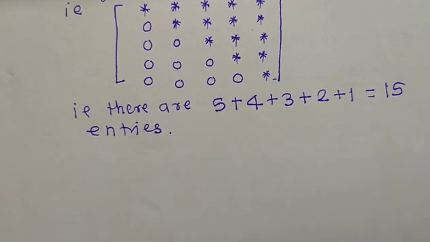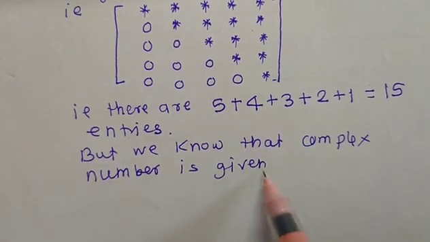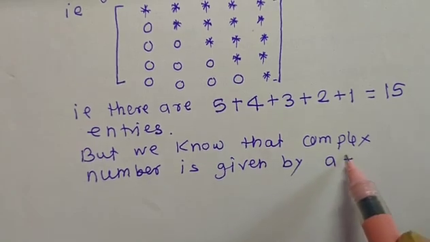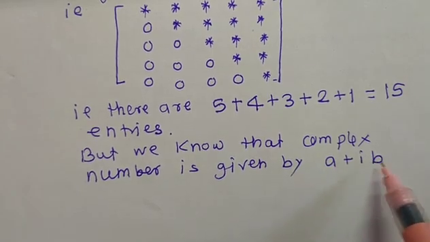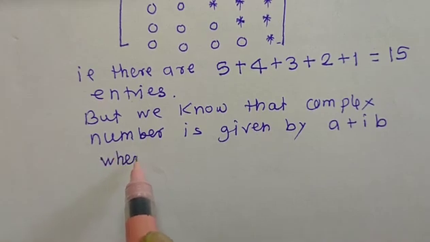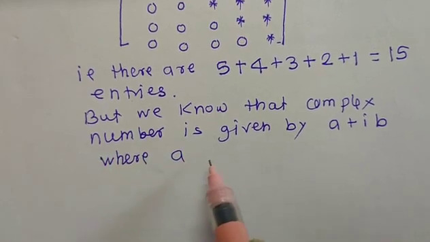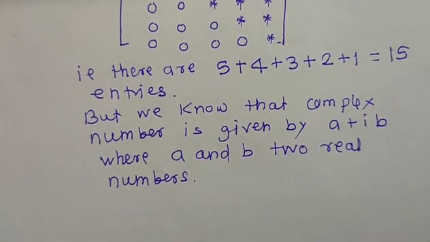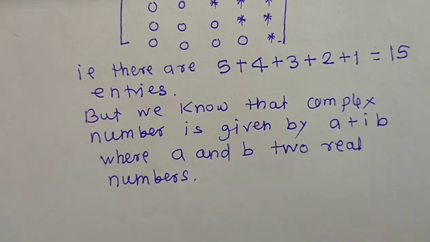But we know that a complex number is given by a plus ib. This is a complex number, where a and b are two real numbers. So therefore every free complex entry contributes 2 real dimensions.